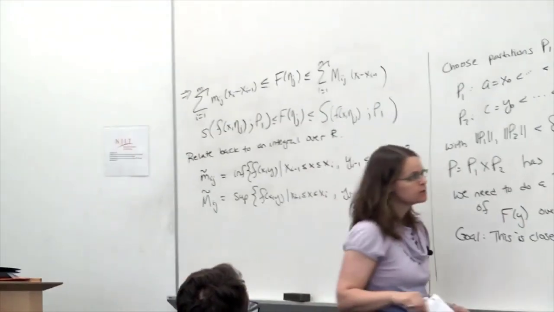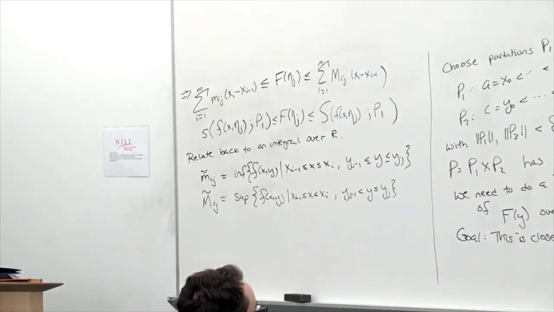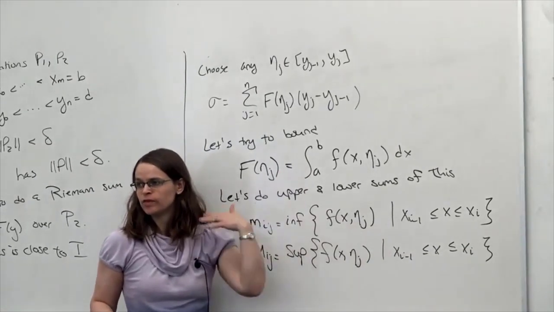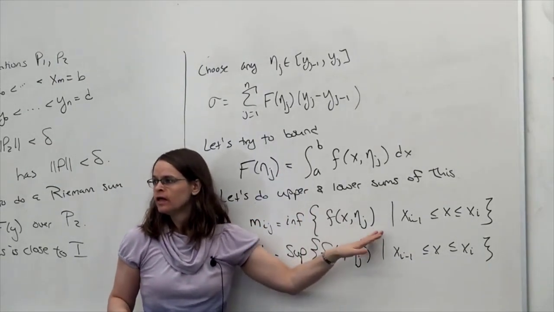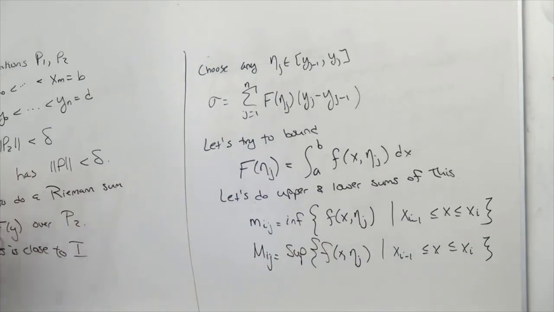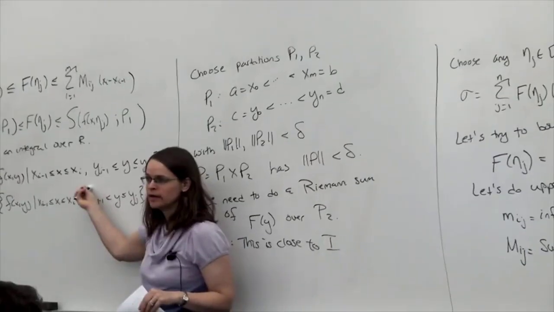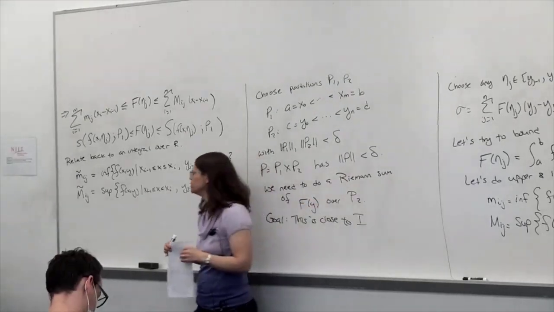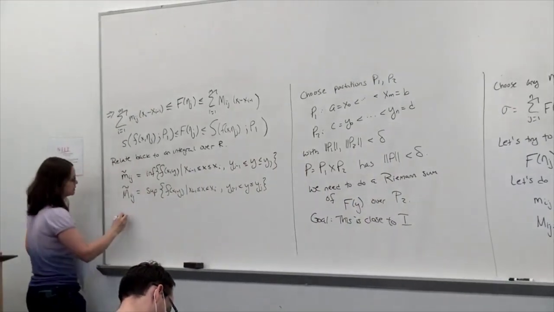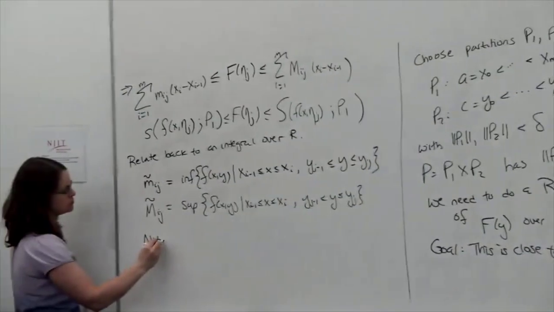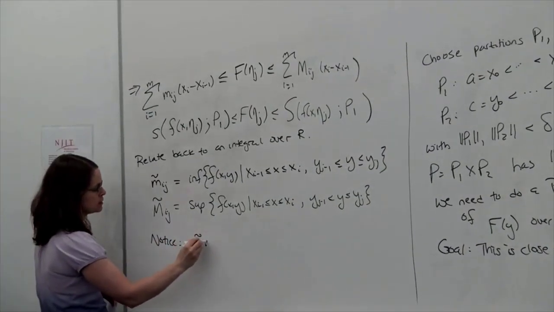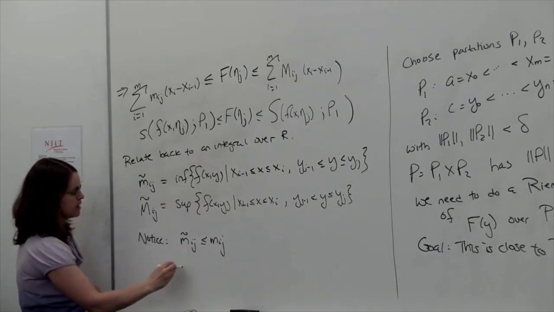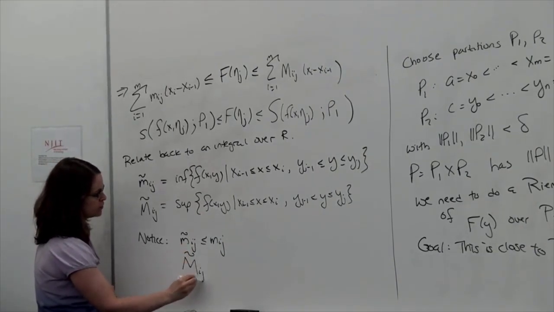So this one just picks a fixed y value in our little rectangle, and then takes an infimum over x at that fixed y value. Here we're taking the infimum over all x and all y, right? Which means it's going to be less than or equal to whatever quantity we got there. So we notice that little m tilde is going to be less than or equal to our original m, and the other way around for our capital M.